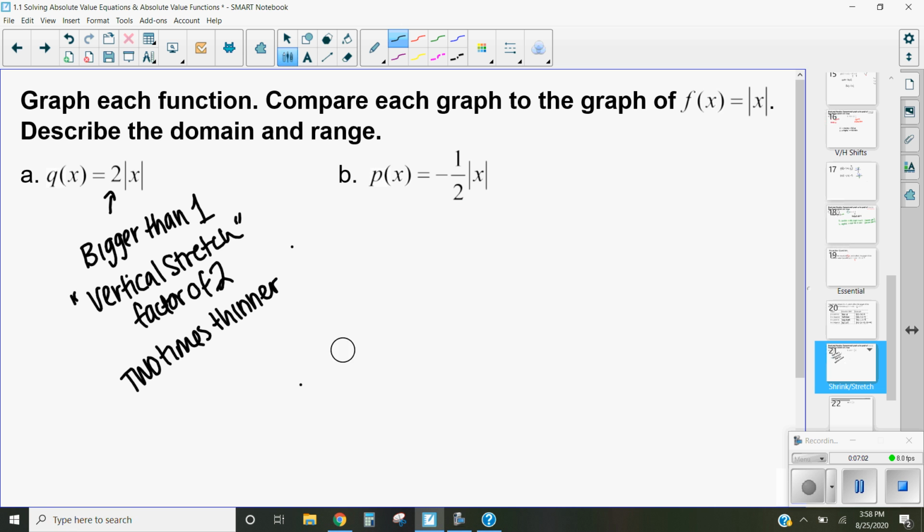Now this other function kind of has 2 parts to it. Part number 1 is when we have one that is less than 1, but bigger than 0 because it's a fraction, right? So it's less than 1, bigger than 0, that we end up with a vertical shrink.